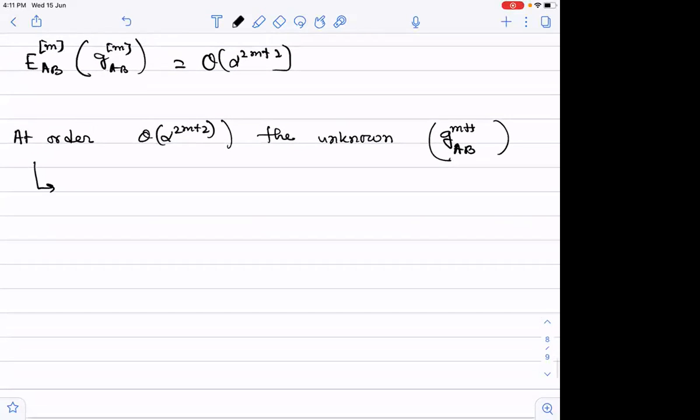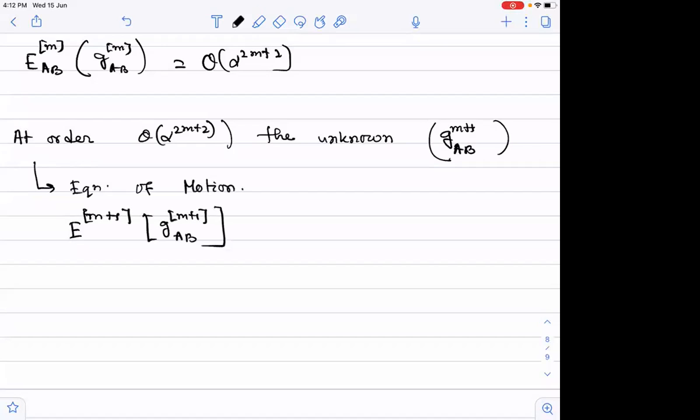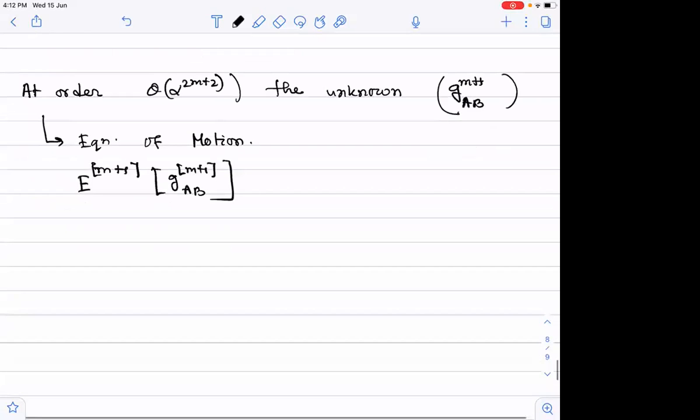And the equation of motion would be E_{m plus 1} evaluated on G_{m plus 1}. But a large part of it is already 0, we have checked, because this is order alpha to the 2m plus 2, really small.